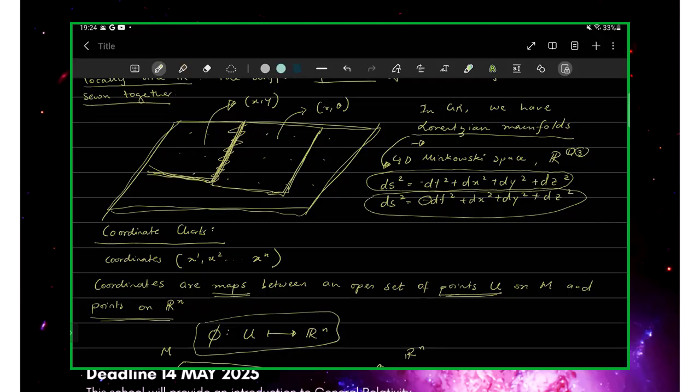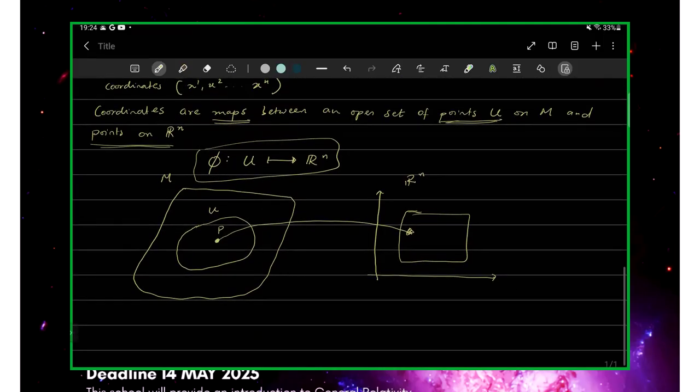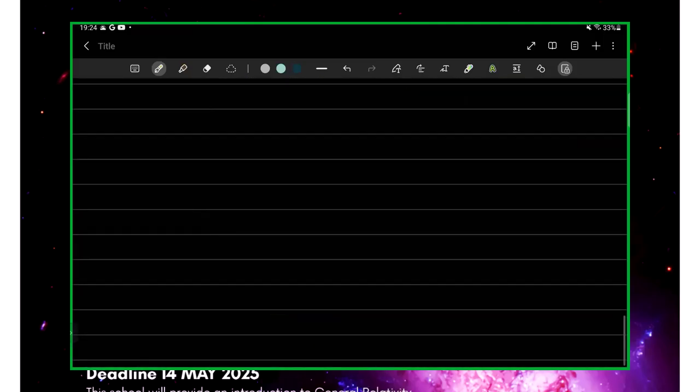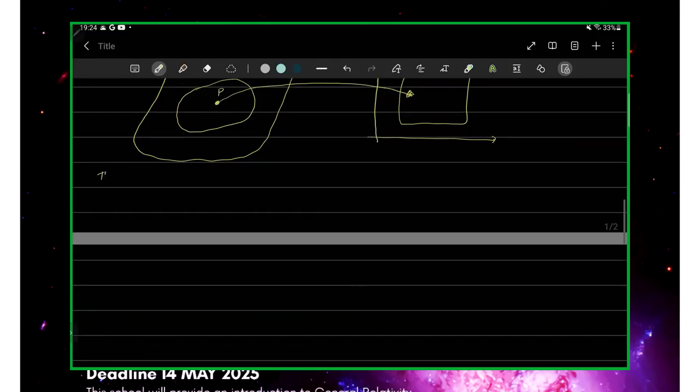Okay, so let's move on. So like I was saying, this is how we define coordinates. Coordinates are these maps that take any point in the manifold to a real number space, which is Rn. And from here, this map phi, we're going to call a coordinate chart, which makes sense, right?